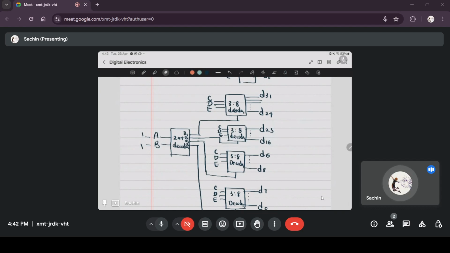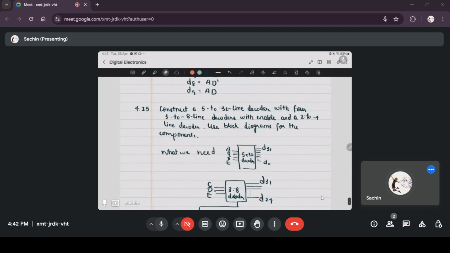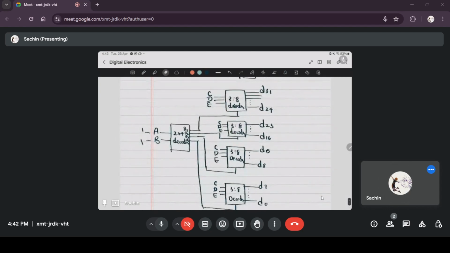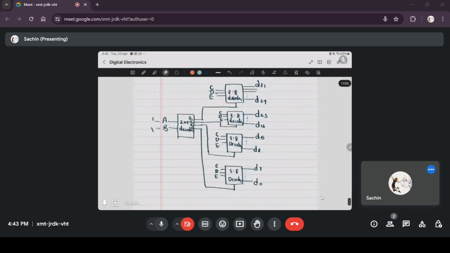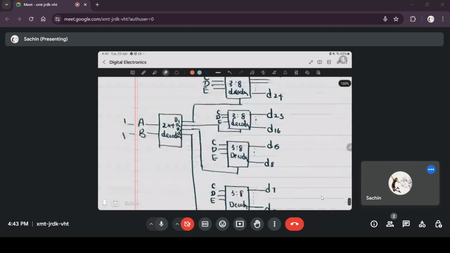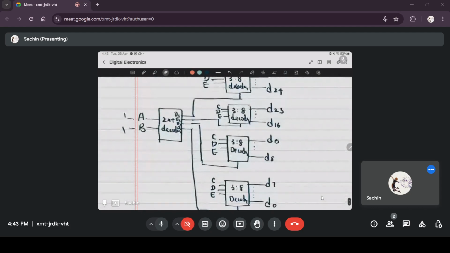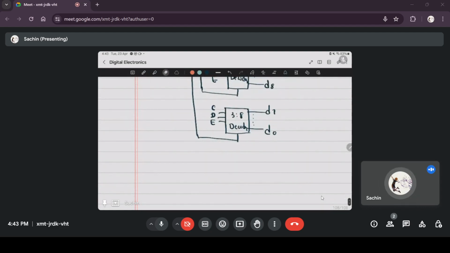Of course, if you have AND gates with fan-in 5 and you're only concerned with reducing the number of AND gates you want to use, then it is better to directly construct using AND gates instead of doing such a construction. Right, we'll go to problem 4.26.